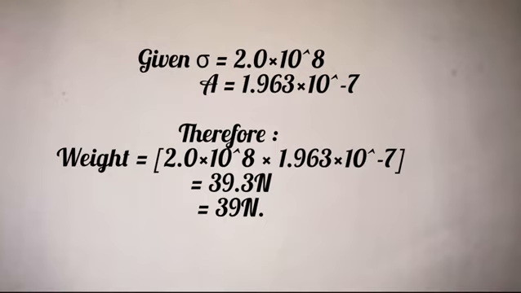Therefore, 2.0 times 10 to the power 8 times 1.96 times 10 to the power of -7 should give us 39.3 newtons, which is approximately 39 newtons.